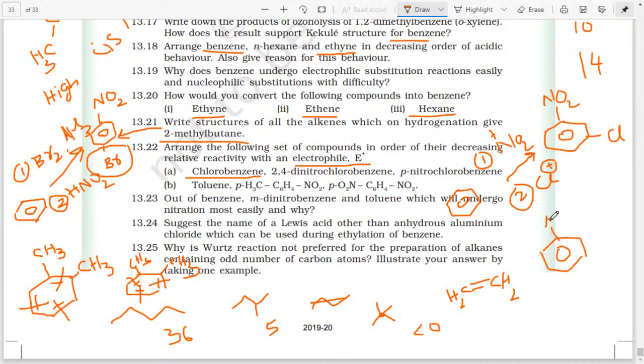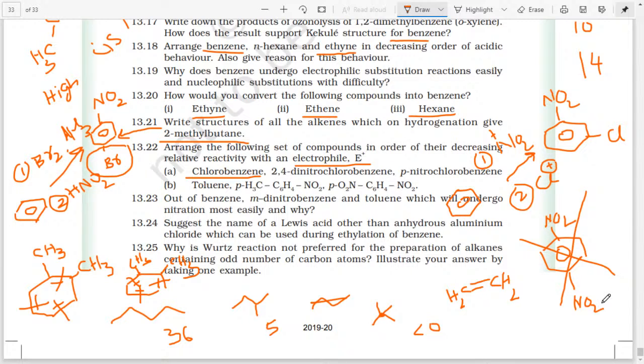For example, if I write this nitro here and this is nitro here, so this is ortho to here. If I do electrophilic substitution here, it is ortho to here. So this dinitrobenzene may not undergo electrophilic substitution even under high temperature, right?